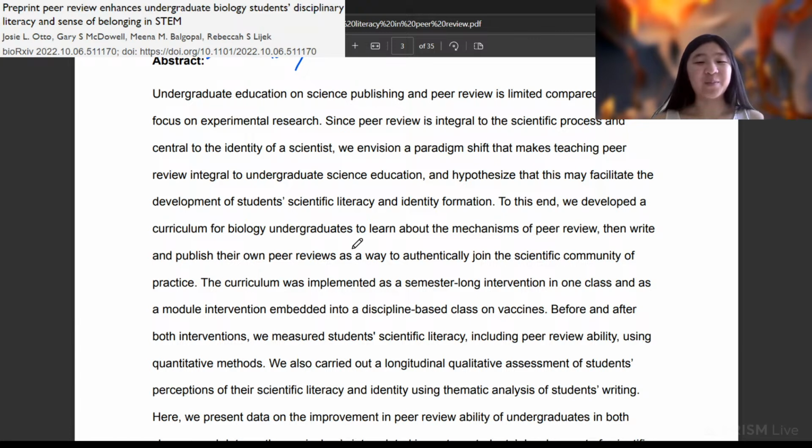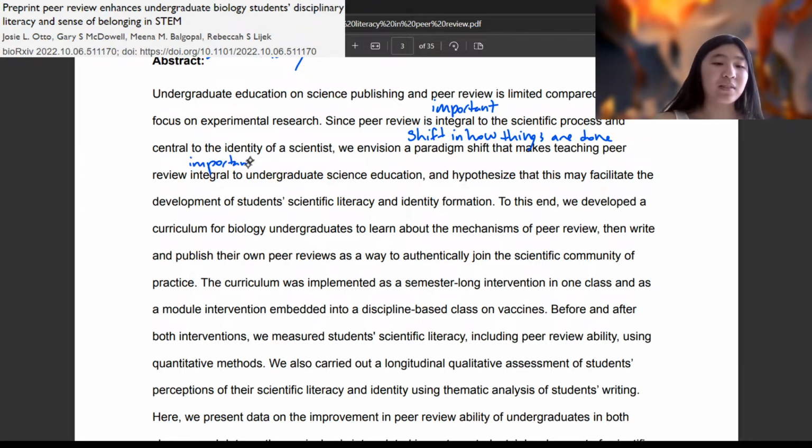Okay, so since peer review is integral, that basically means important. I really wish people just used easier to understand words. Since peer review is important to the scientific process and also important to the identity of a scientist, we envisioned a paradigm shift, which basically means a shift in how things are done, that makes teaching peer review important to undergraduate scientific education.